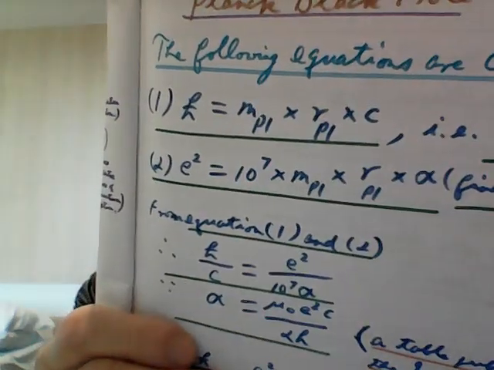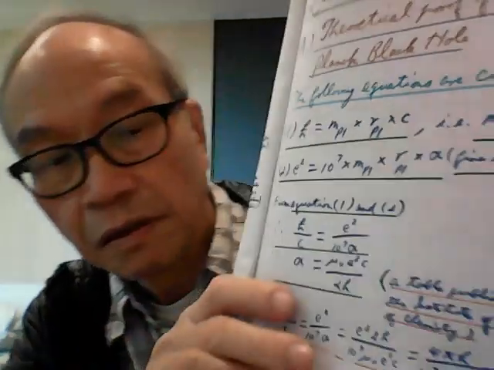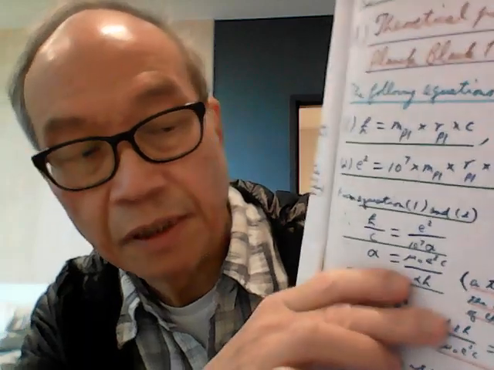The final result is equal to h bar divided by c.